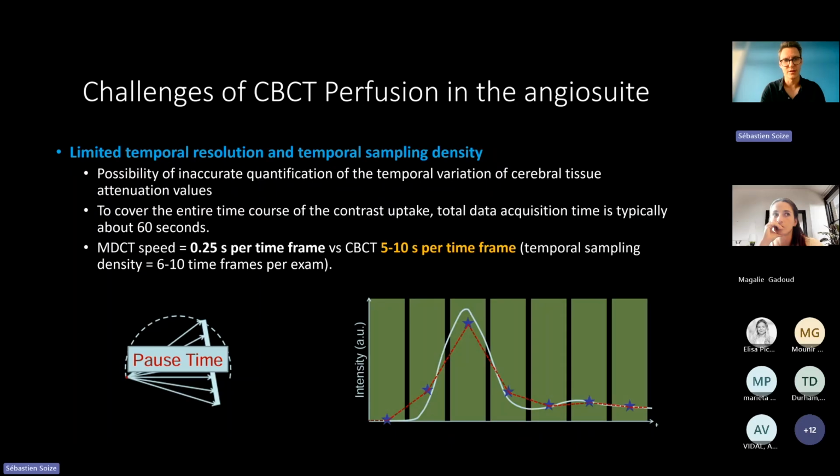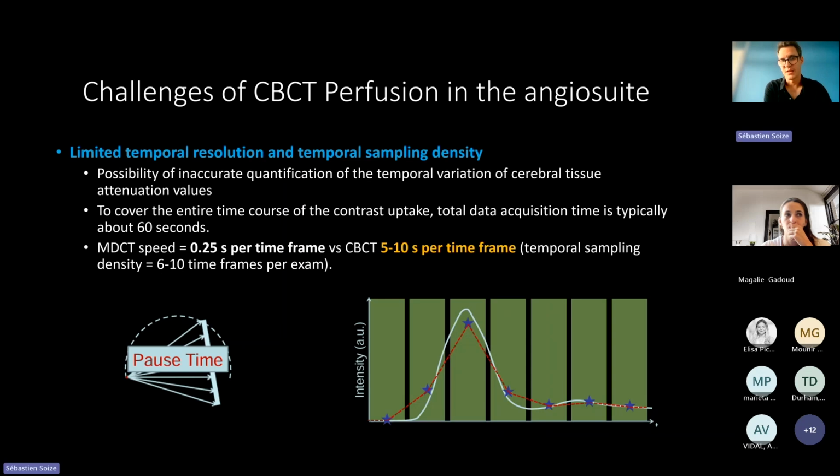Actually, you can have, depending on the vendors, 6 to 10 data points per examination. You are limited by the rotations of the tube, the angle that is set at the beginning, and also the time of pause in between.